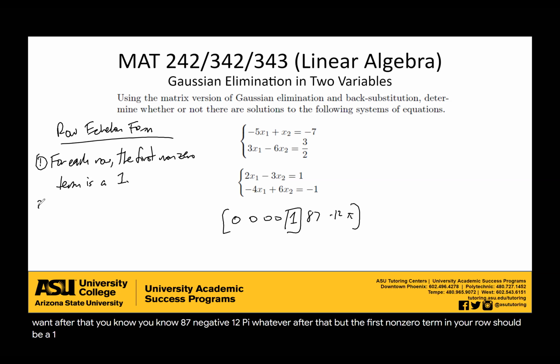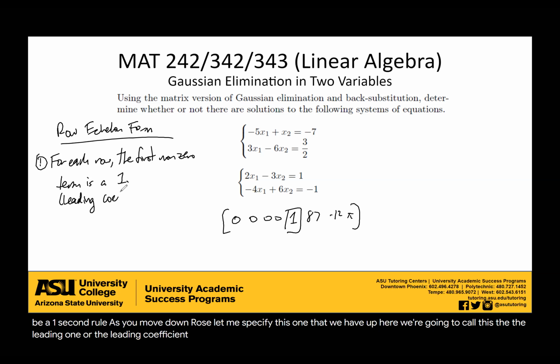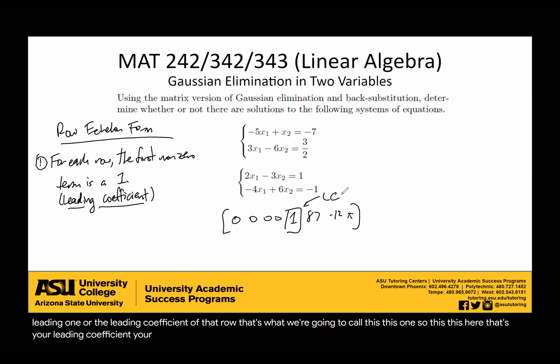Second rule. Let me specify first: this 1 that we have up here, we're going to call the leading 1 or the leading coefficient of that row. That's your leading coefficient, your LC.